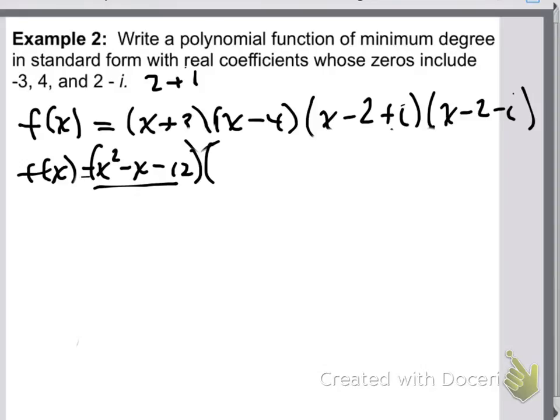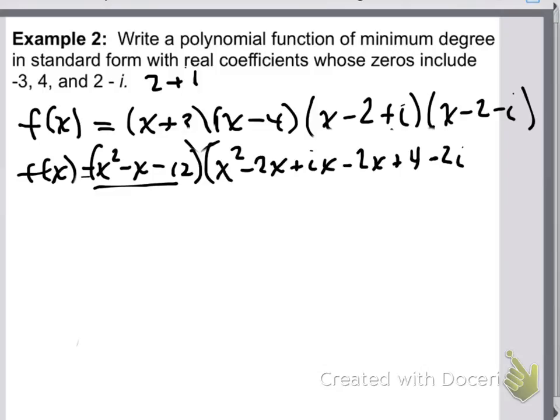Alright, so I have x times x, that's going to give me an x squared. X times -2 gives me a -2x, plus i times x. And then I have -2 times x, so it's -2x. -2 times -2 is a positive 4, and then minus 2 times i.